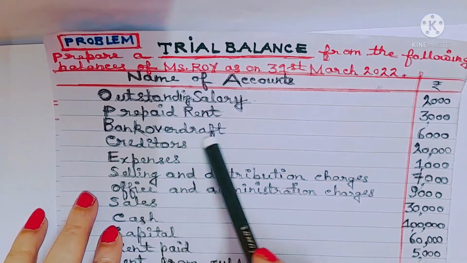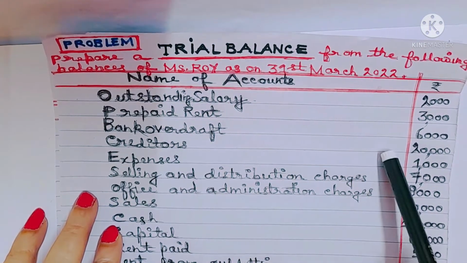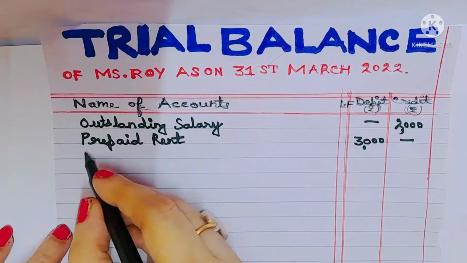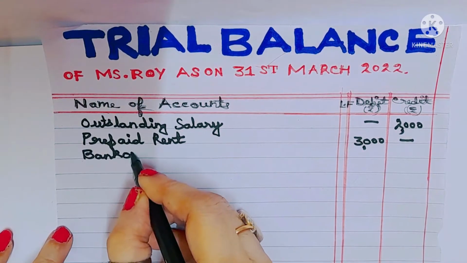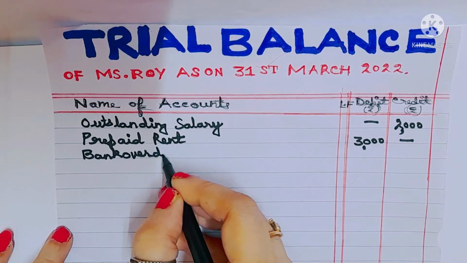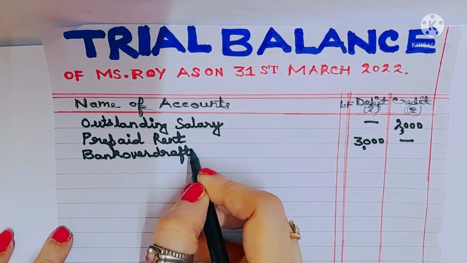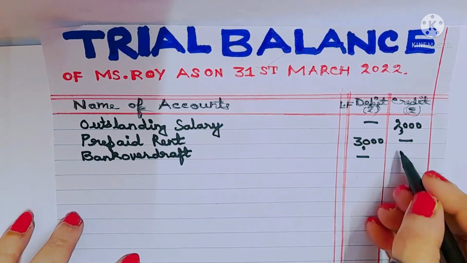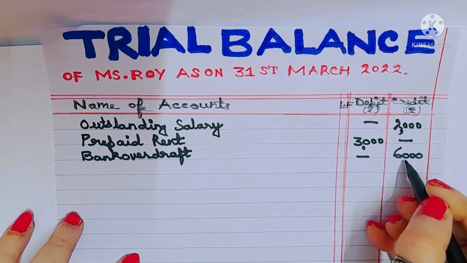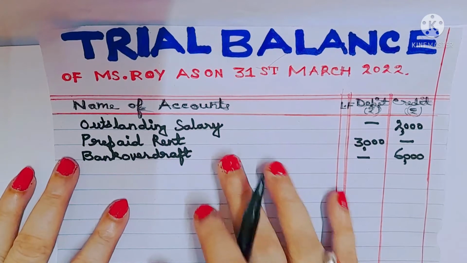The next account is bank overdraft. The amount is 6,000. Let's write bank overdraft. Bank overdraft is a credit balance, 6,000. What is bank overdraft?